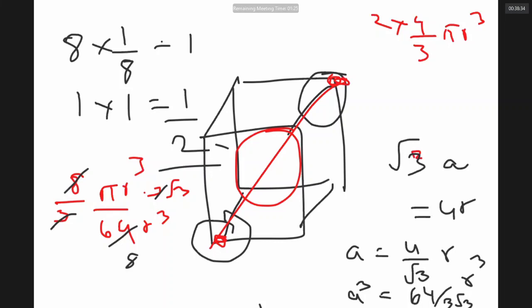So it is how much? Pi is 3.14. If I simplify, how much does it work out to be? It works out to be nearly 74%. Because in the numerator there is 3 root 3 and pi. If you simplify this, it also works out to be 74%. It means body-centered cube is also equally efficient as the face-centered cube.